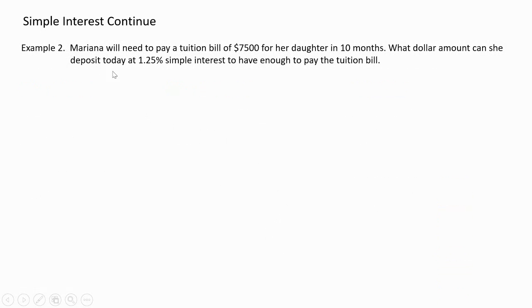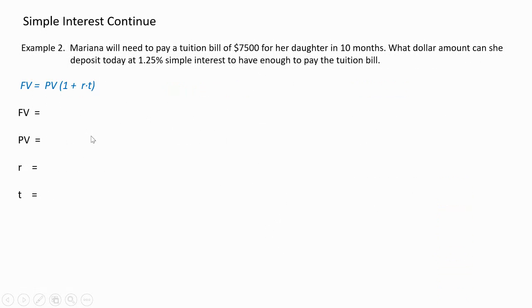What dollar amount can she deposit today at 1.25% simple interest to have enough to pay the tuition bill? We're going to use this formula here, because this is going to be my future value. The tuition bill is in the future, in 10 months. So here we have to use the formula because we're looking for the present value.